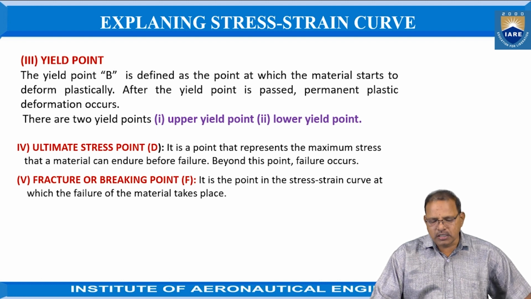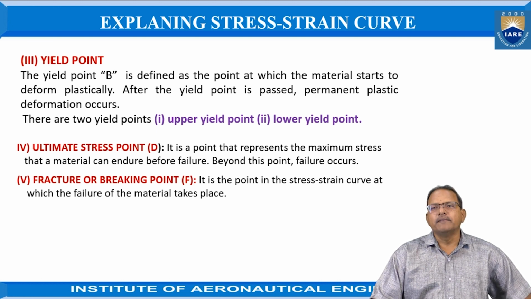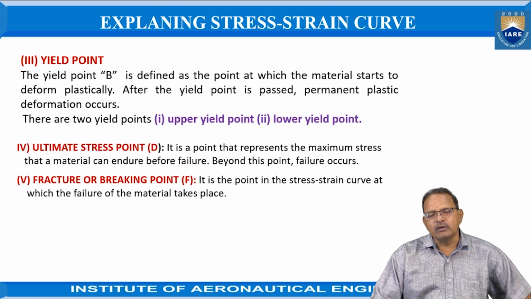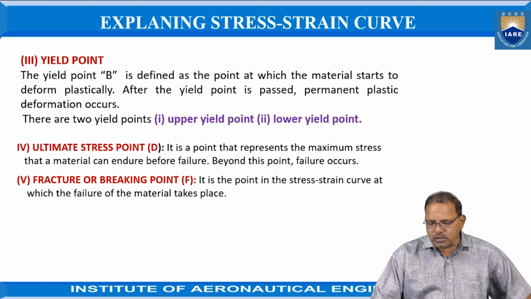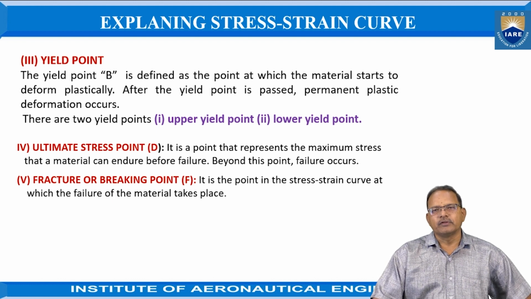Ultimate stress is the point that represents the maximum stress on the curve, or the maximum stress the material can bear before failure. Beyond this point, elongation continues even though the load is not increased, and the material elongates further until it fails.